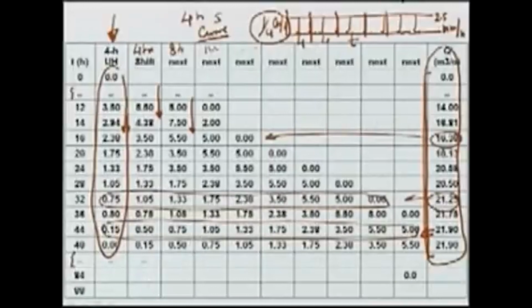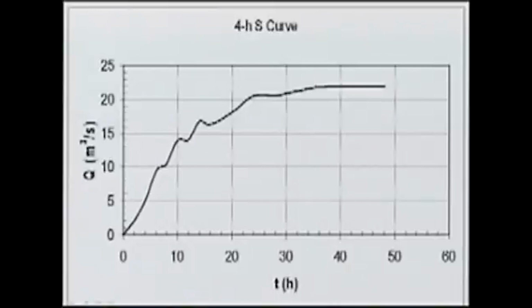As we can see in the end here, the values will become almost constant, and if we plot this S curve, it would look like this. The constant value here corresponds to a rainfall of intensity 1 by 4 centimeter per hour, occurring over an area of 30. In this case, we have taken the catchment area as 30 square kilometer.